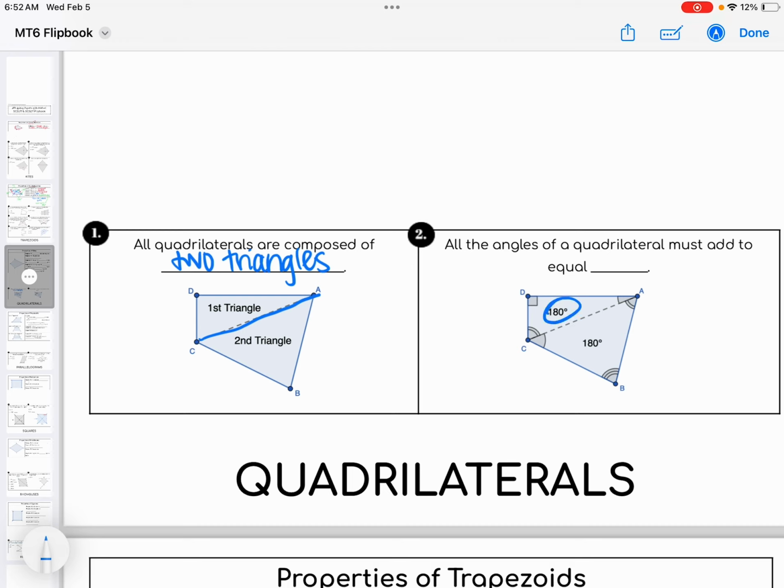Well, if we have two of those, then we know in a quadrilateral, the inside angles are going to have to add up to be 360 degrees. So those two things are very important when we're talking about these quadrilaterals all the way through, because knowing that those interior angles are going to add up to be 360 degrees can help us figure out some missing measurements when we have that come up.